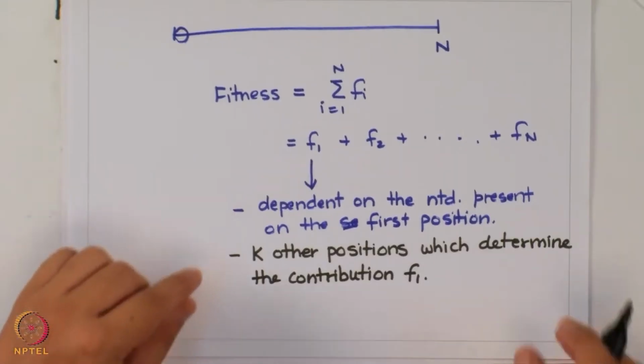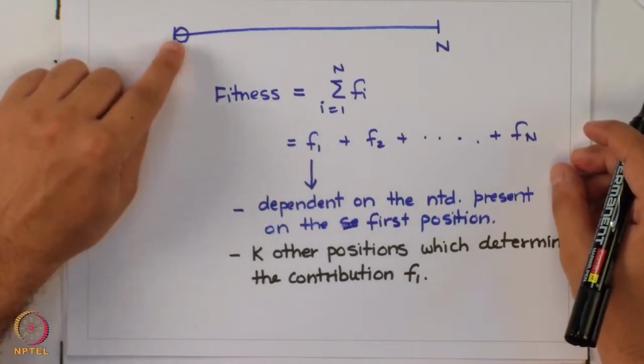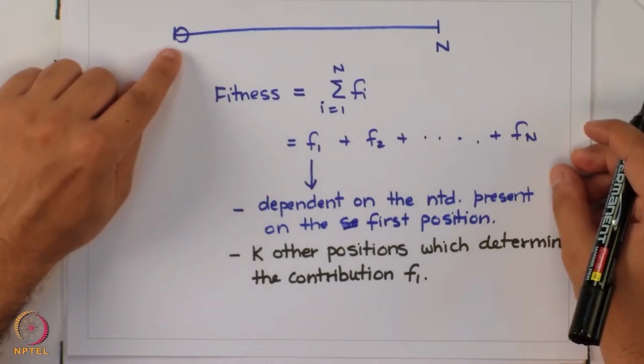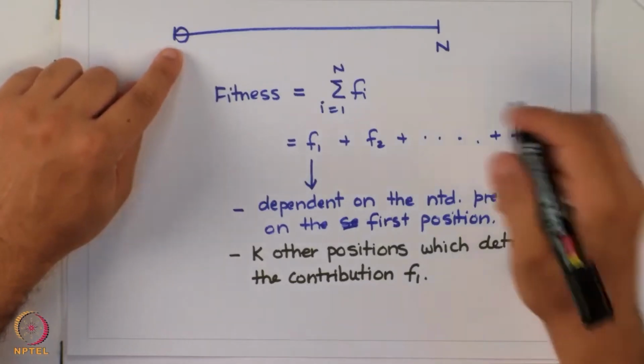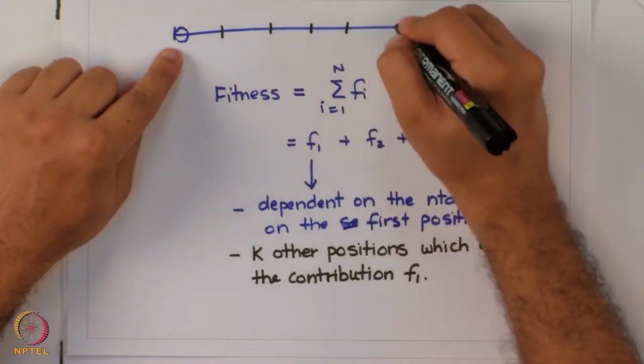So, what this says is that the contribution that comes from the first nucleotide is not just dependent on what nucleotide is present on the first position, but is also dependent on K other positions elsewhere on this piece of DNA.